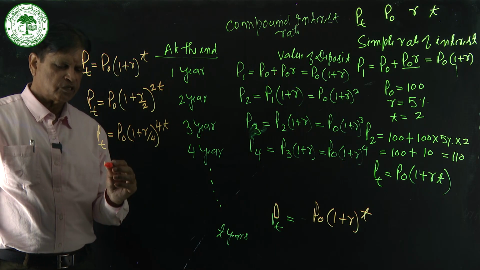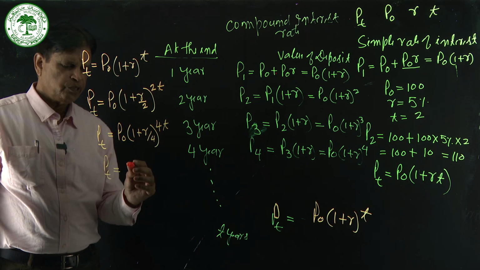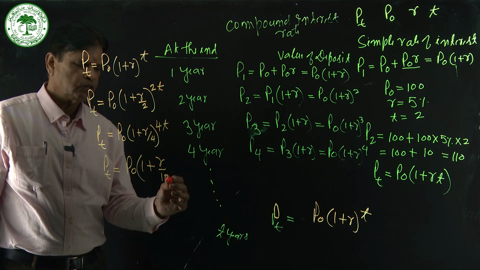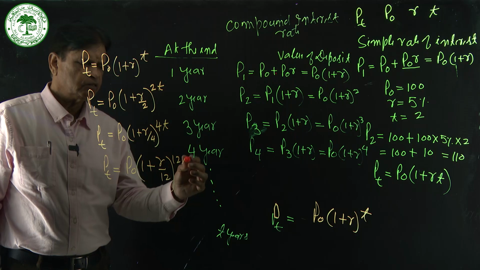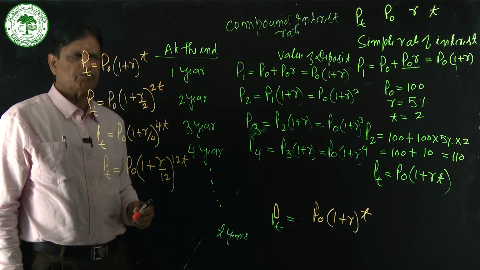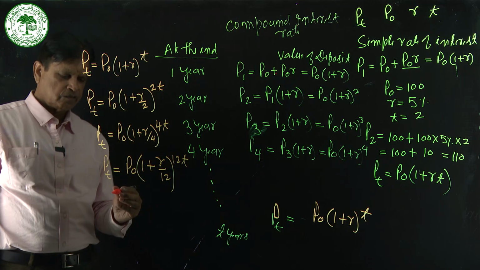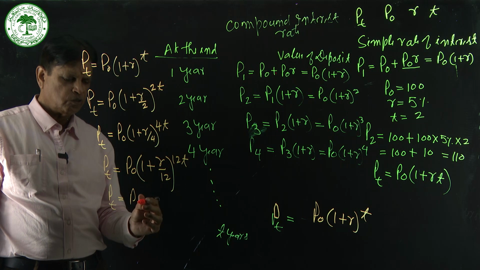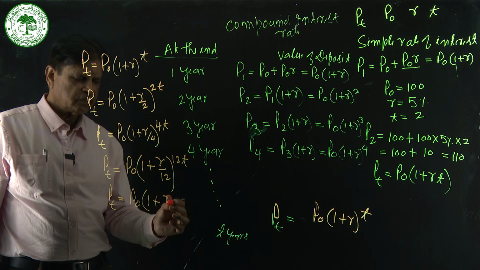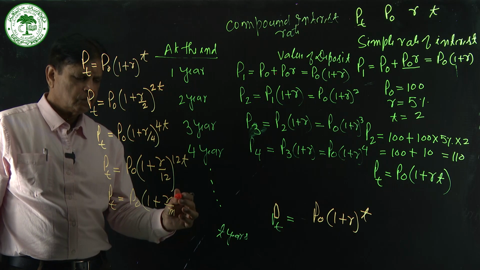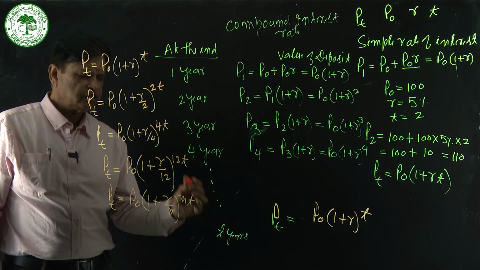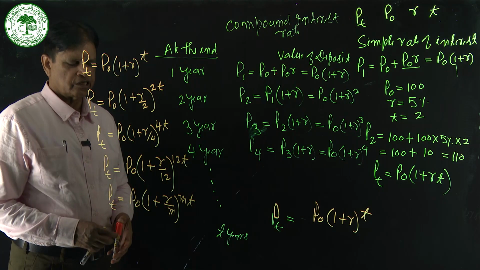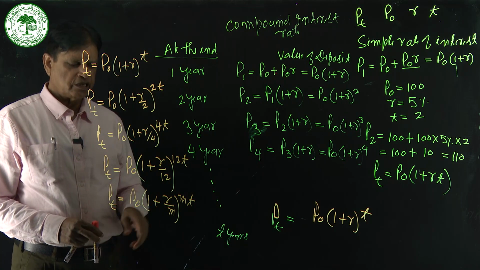If interest is compounded monthly, then this will be P0 (1 plus R divided by 12) raised to the power 12T. If interest is compounded m times in a year, then the general formula will be PT equal to P0 (1 plus R divided by m) raised to the power mT.